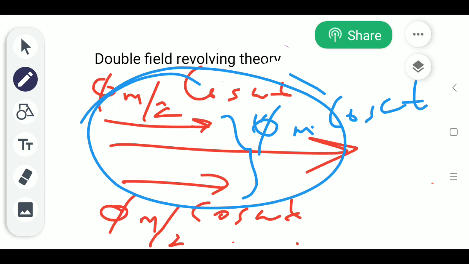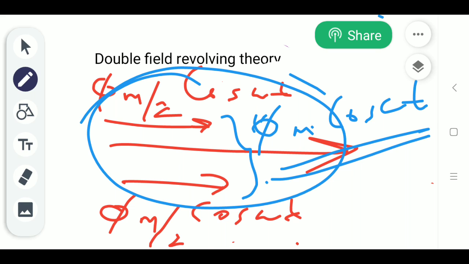So you have initially one sinusoidal quantity, phi m cos omega t, and two quantities, phi m by 2 cos omega t and another phi m by 2 cos omega t, adding up to the same value again.